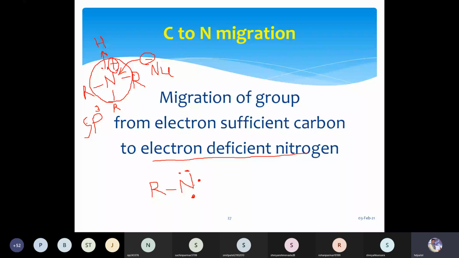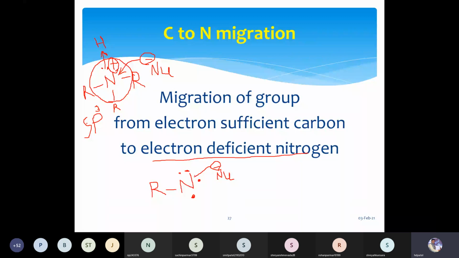If it is an electron deficient species, then we can carry out a reaction with a nucleophile. As already discussed, if you have Nu minus, that is the nucleophile, it can bind or react with this and we will get the product. This is one possibility.